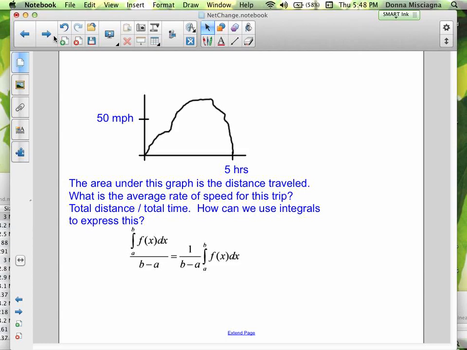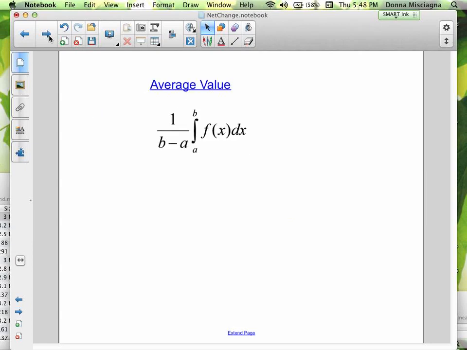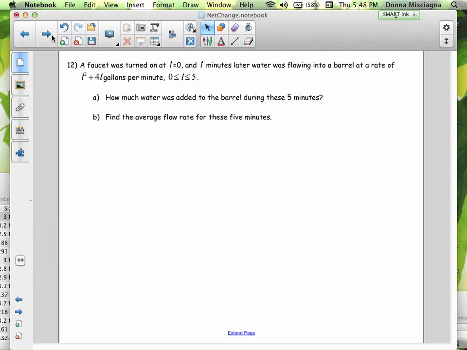The total time is just b minus a. So this is what's called the average value of a function. You're just getting the total and dividing by your interval. Multiplying by 1 over b minus a is the same as dividing by b minus a. That's all you have to do for average value. It's a very friendly, simple formula to work with.